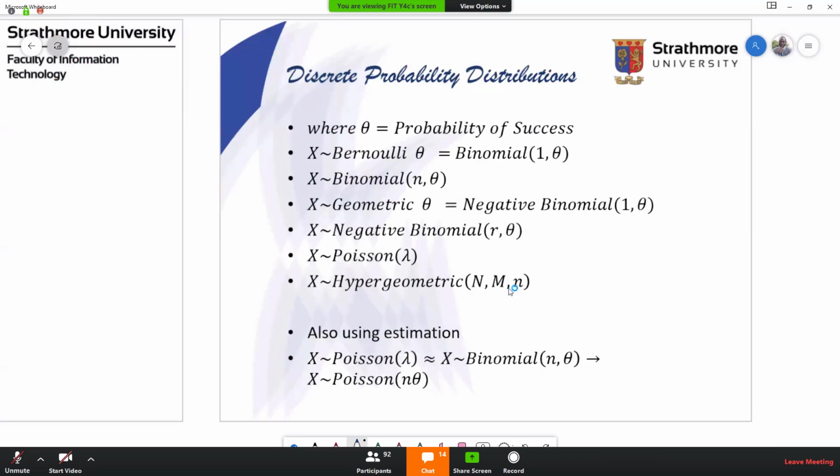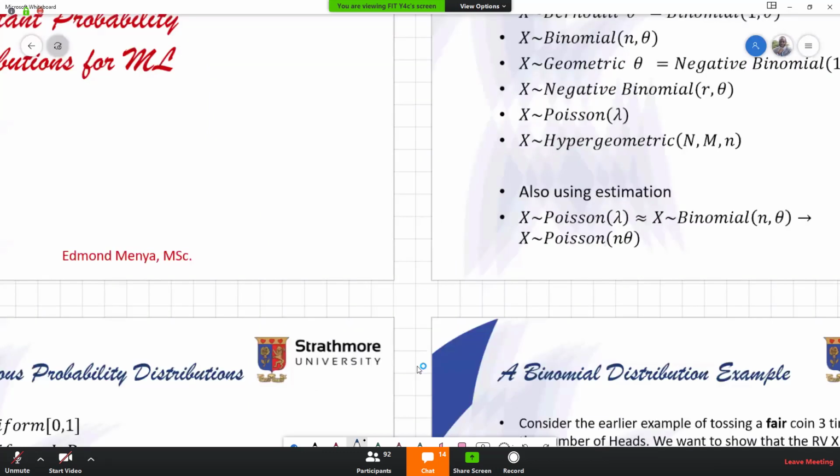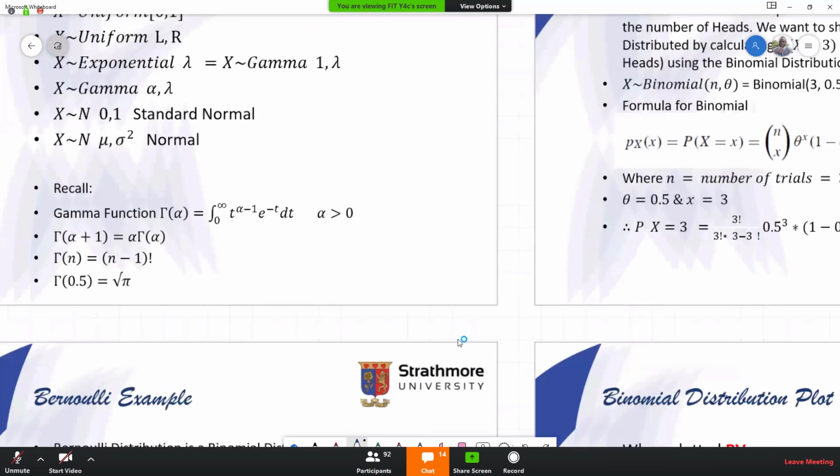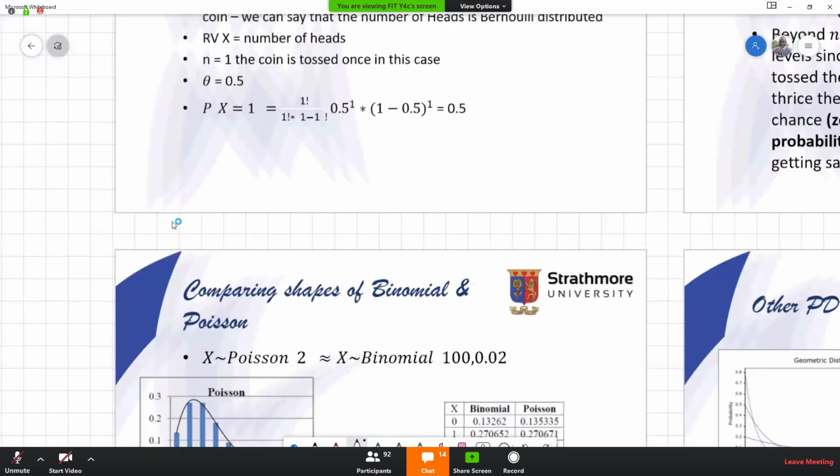Then other distributions are known as continuous. We'll talk about all this, and I will give more examples. We'll upload this one, by the way. We'll give examples, Poisson, binomial. We check the shape of the probability distribution.